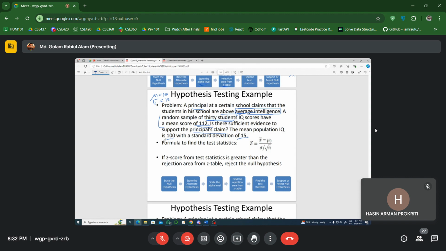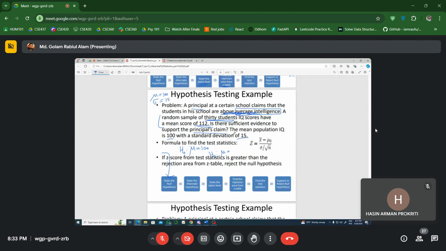Now we want to apply the Z test again. At first, we need to formulate our null hypothesis. In this case also the null hypothesis H0 is mu equal 100. Then we have to think about our alternate hypothesis H1.